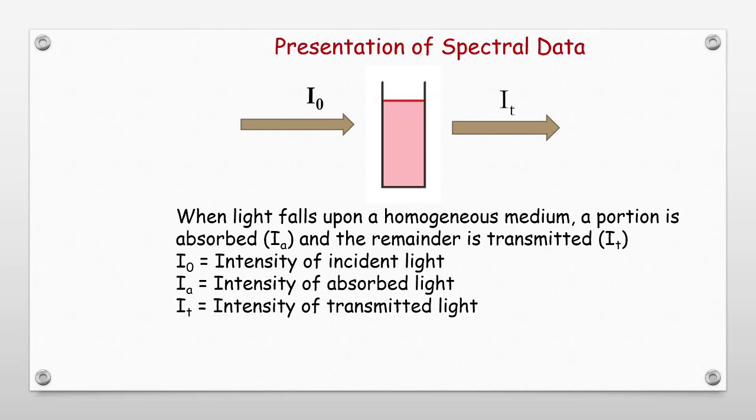So I0 is the intensity of the incident light, IA is the intensity of the absorbed light, and IT is the intensity of the transmitted light. So I0 will be equal to IT plus IA.